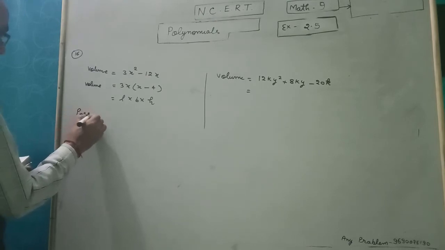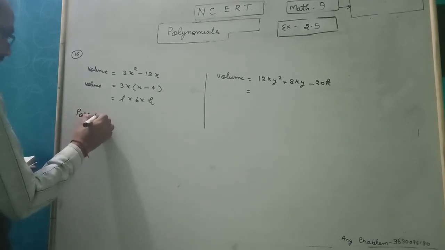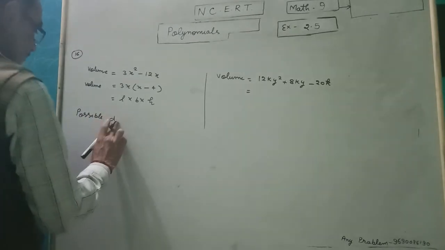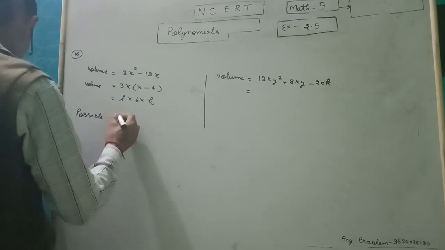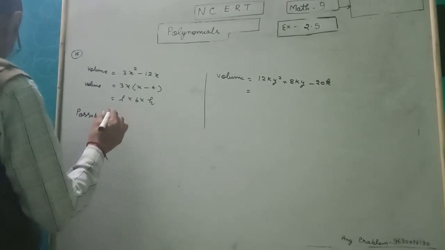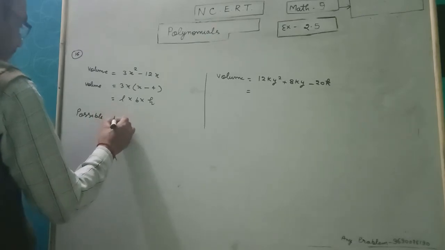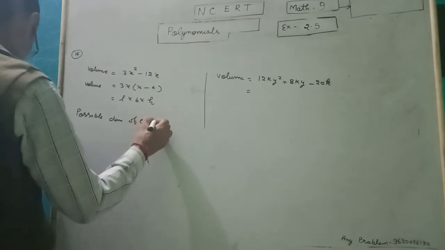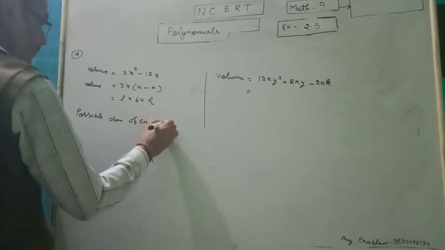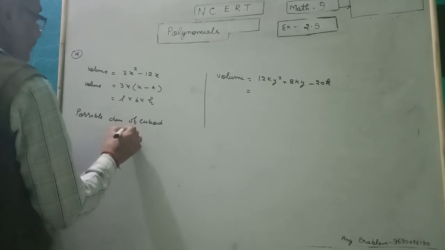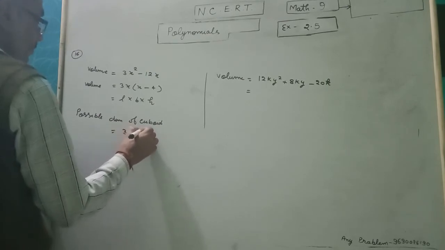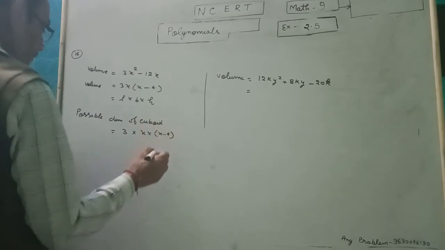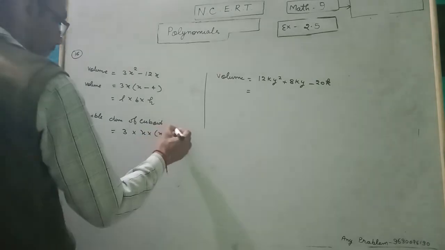Possible dimensions of the cuboid could be 3 into x into (x - 4) units.